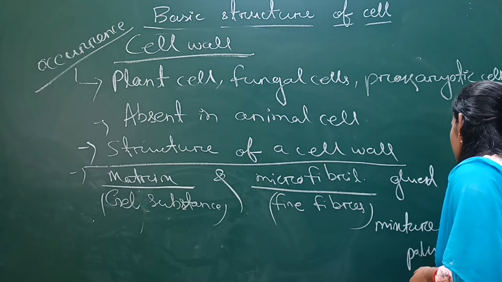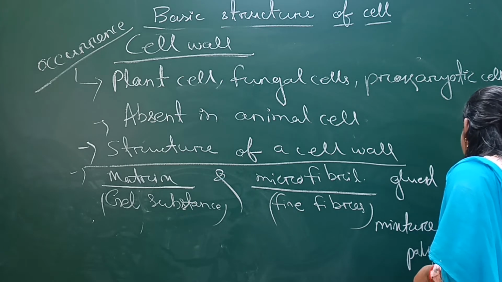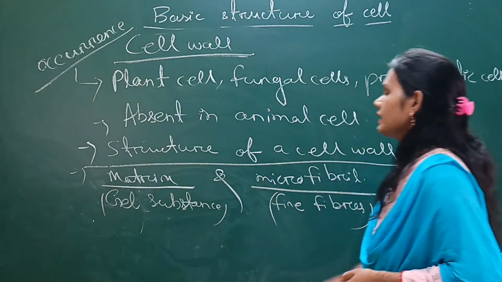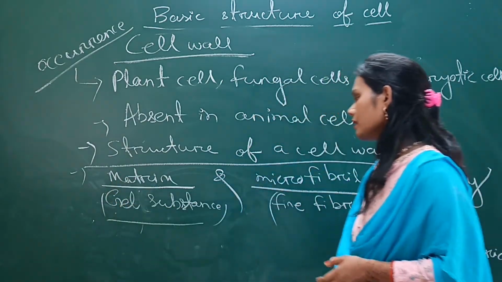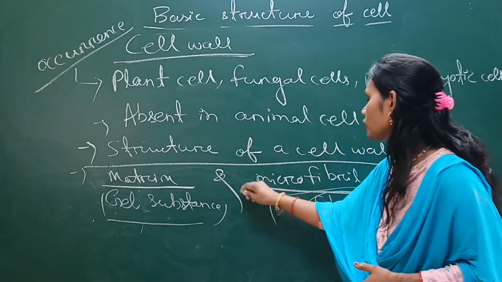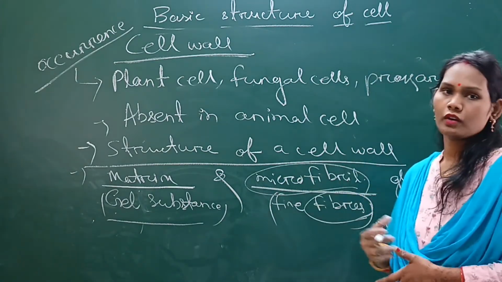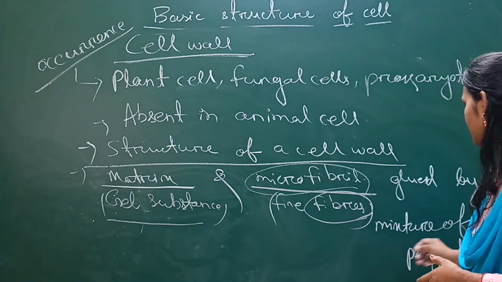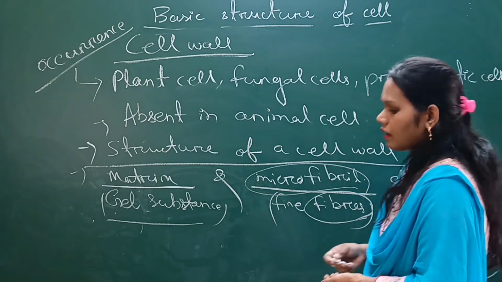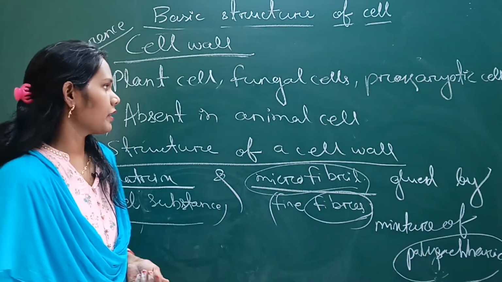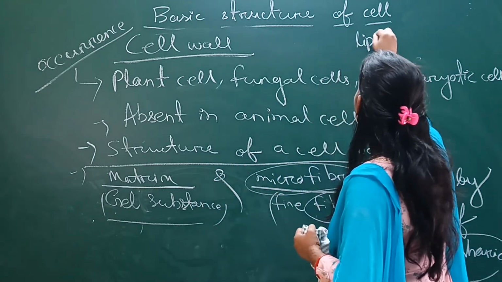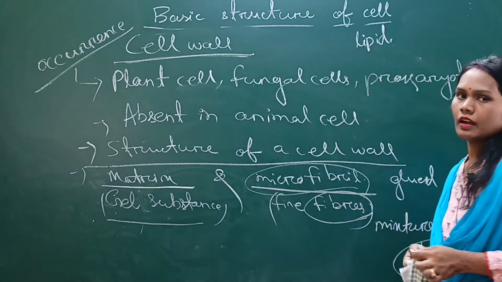Polysaccharide is a type of carbohydrate. So the cell wall is made up of a jelly substance which is called matrix and a fiber-like, thread-like substance which is called microfibril, and matrix and microfibril are attached or glued together by a mixture of polysaccharide.